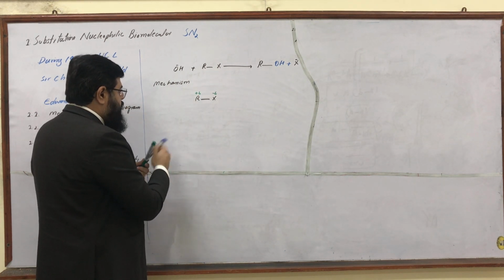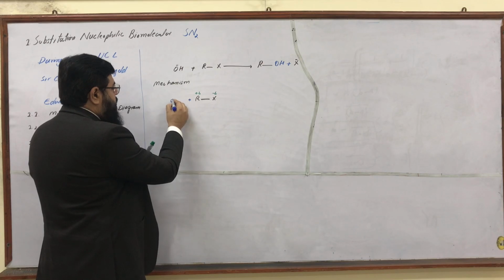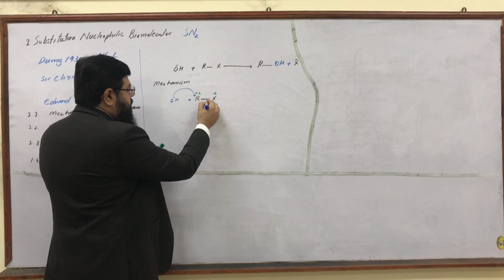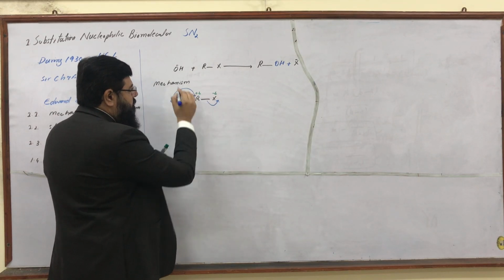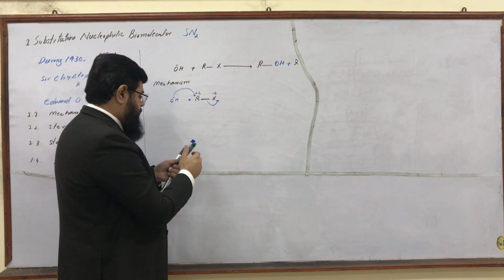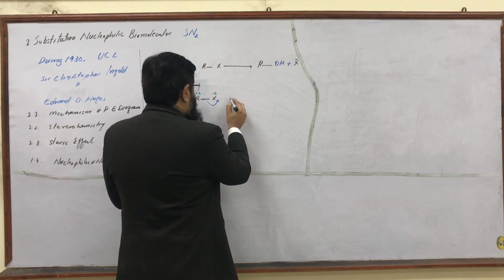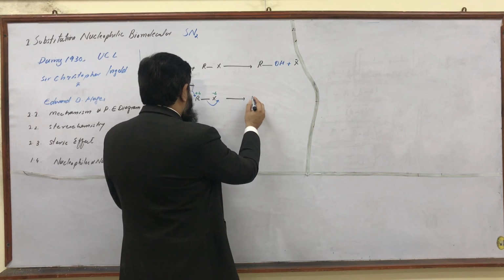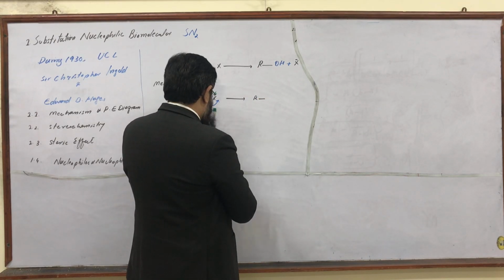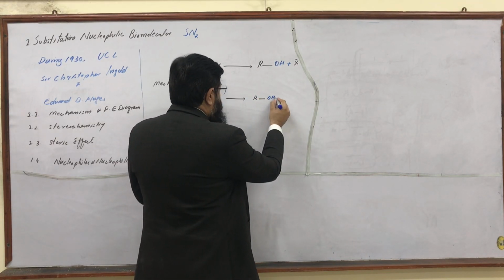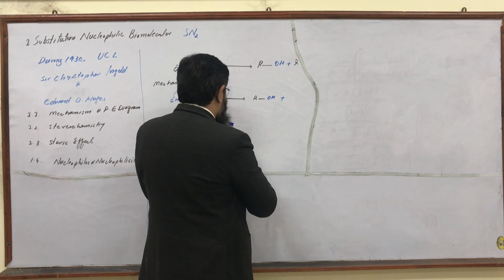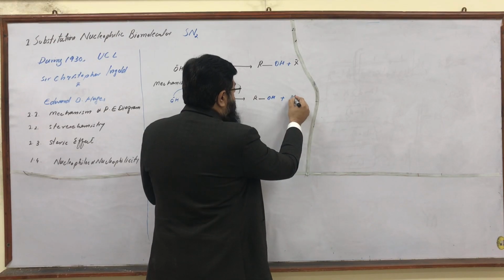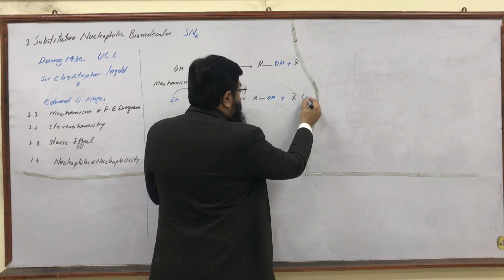So the attacking nucleophile will attack on this carbon, and the bond between the alkyl group and halogen will break, and consequently we shall obtain the product that we have written in the above equation, meaning R and OH, and further we shall get the halide group, that is also called the leaving group.